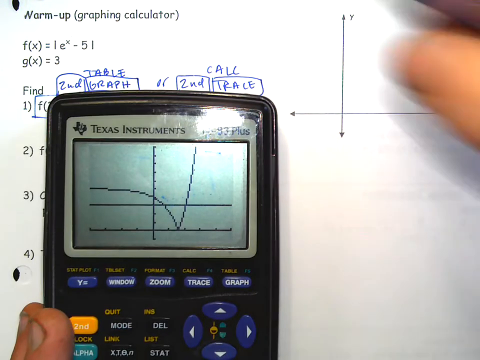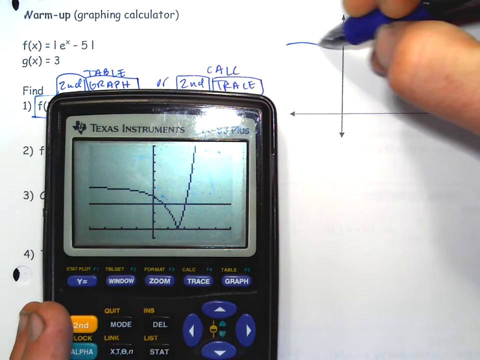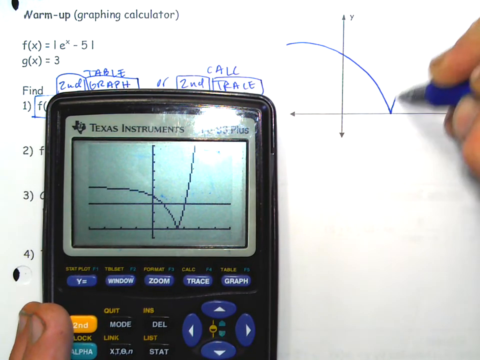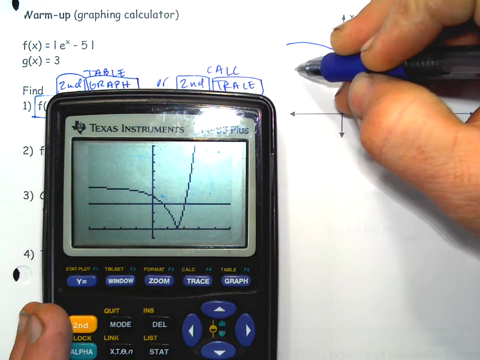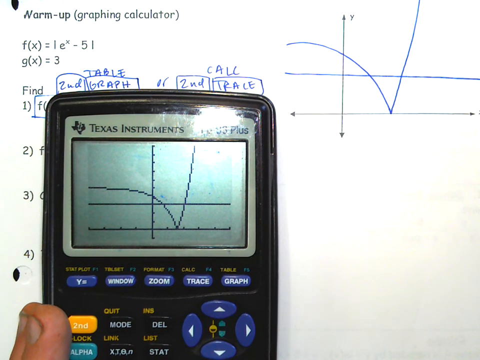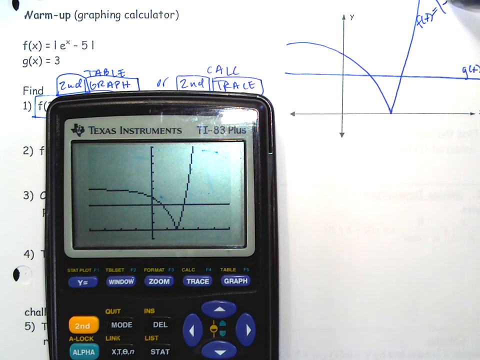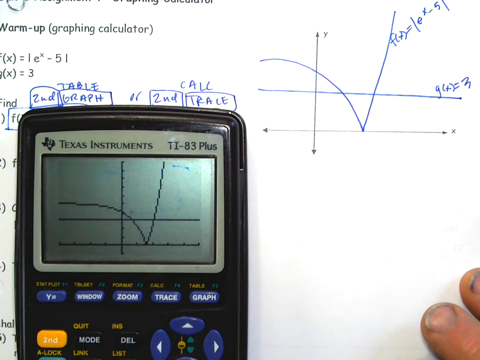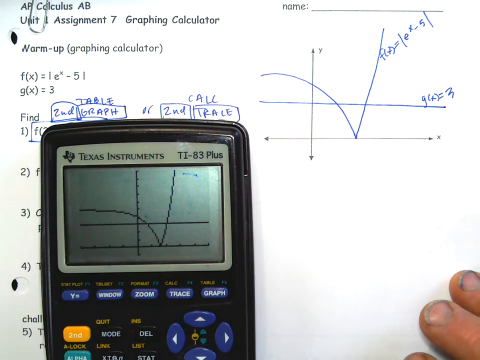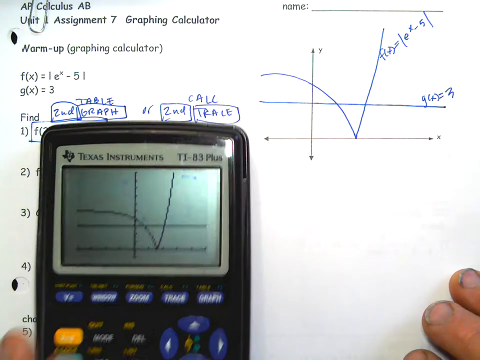So we could sketch this. Looks like that, and like that. So this is g of x equals 3, and this is f of x equals absolute value of e to the x minus 5. So I find it helpful to just label these graphs, just help me keep track of them a little easier.